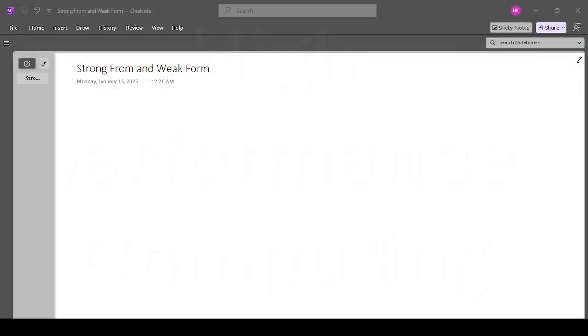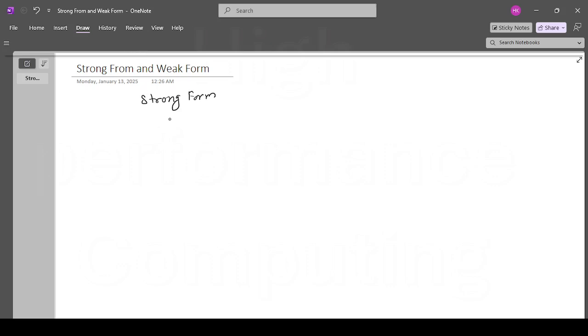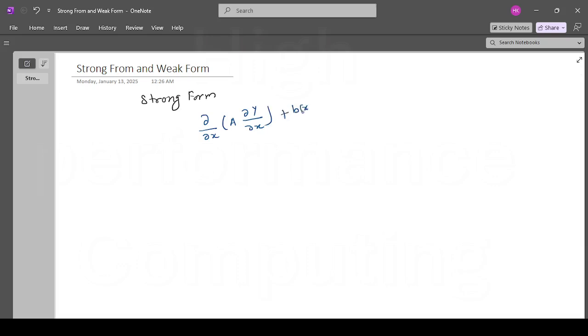Now come to the example part. The strong form: del by del x of a del y by del x plus bx equals 0.